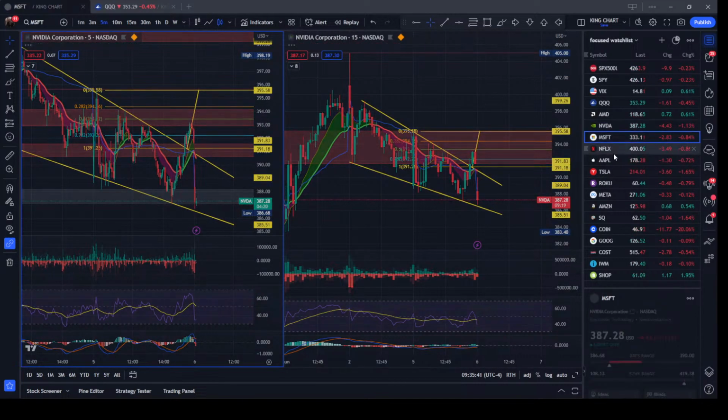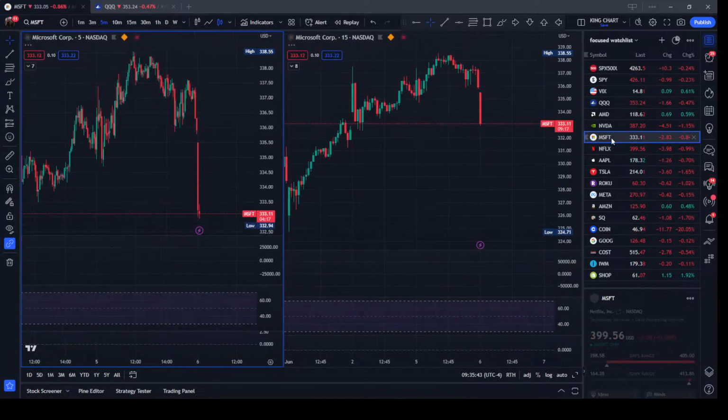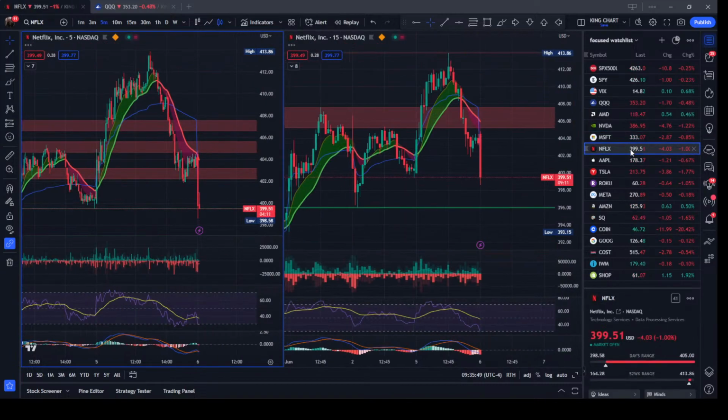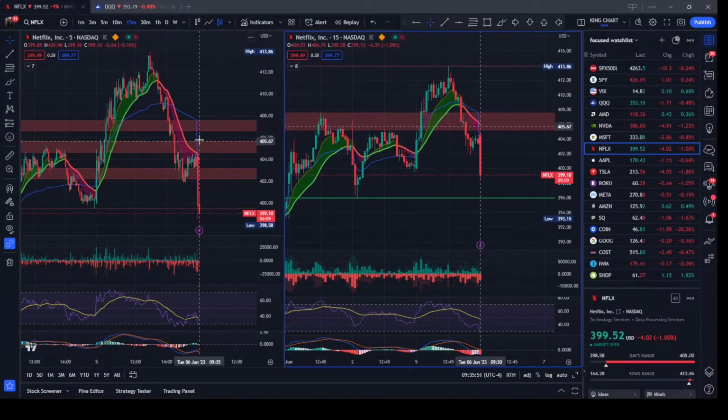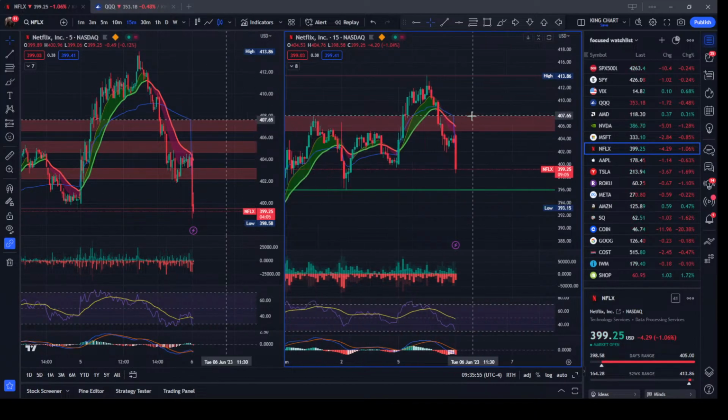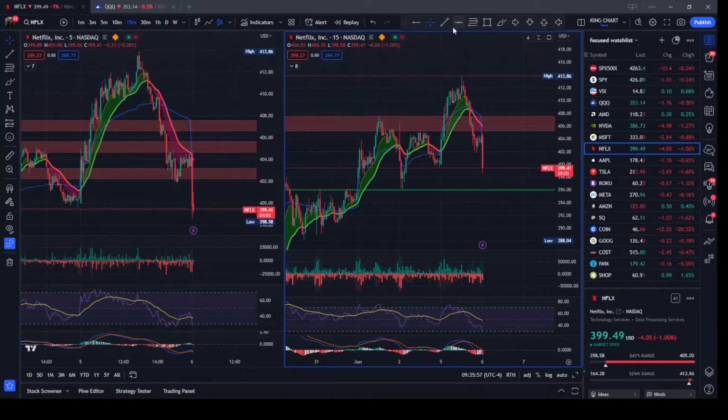I wonder if Nvidia is going to catch up to AMD. Well, Microsoft dumped heavy, hit all the targets there on that head and shoulders. Let's see, Netflix. We actually have a big trend line here.